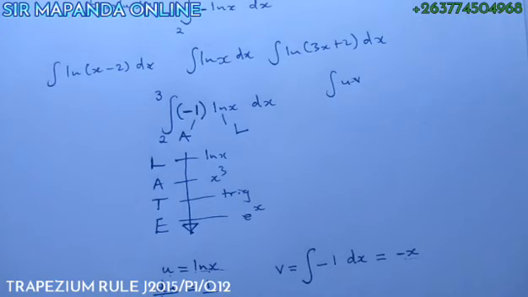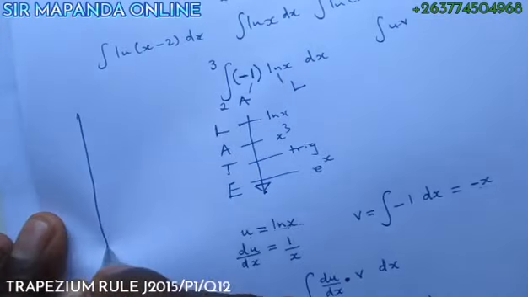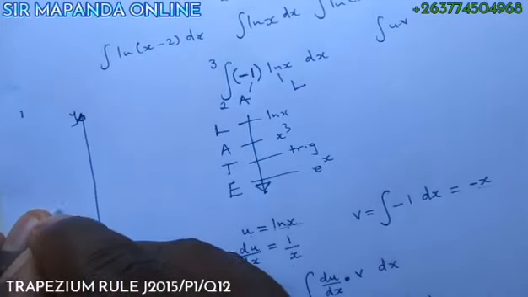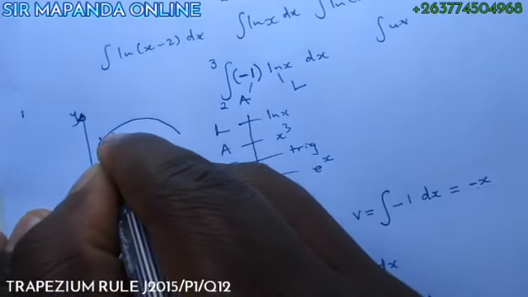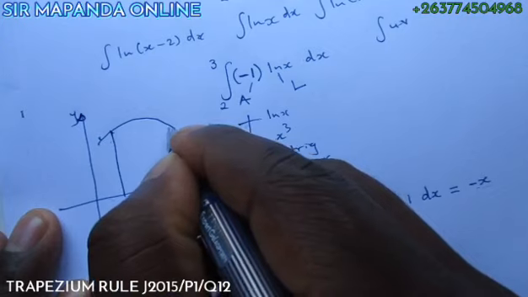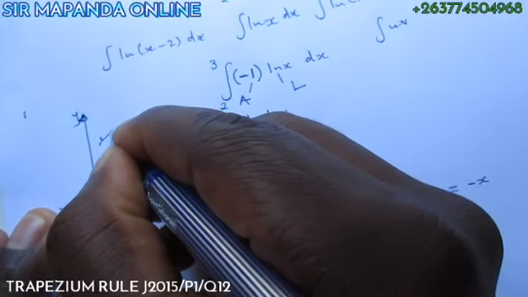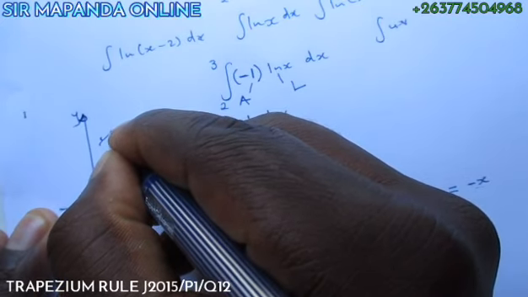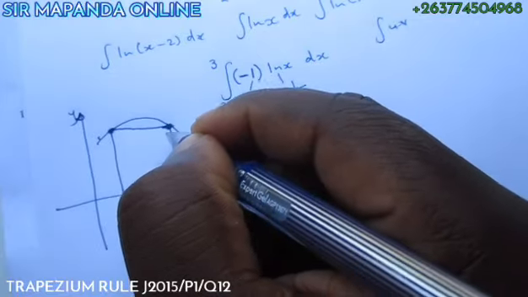So I want you to notice that trapezium rule gives an estimate, but integration gives you the exact area. Why? Because if you have your Cartesian plane, something like this, let's say this is your curve, and you want to find the area from 1 up to 2. You draw a line connecting the upper part of 1 and the upper part of 2.